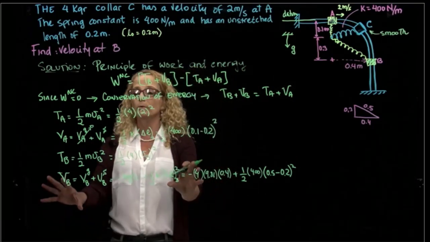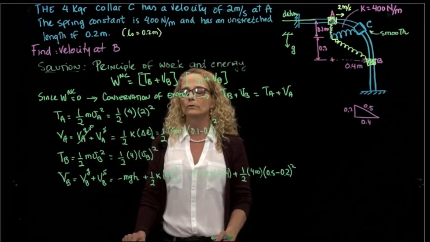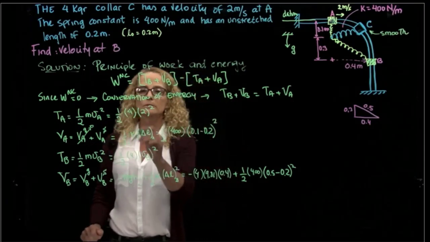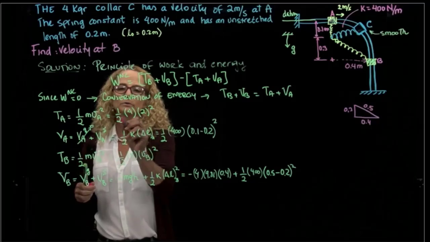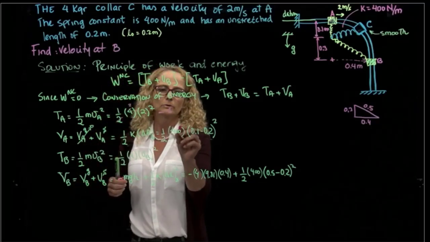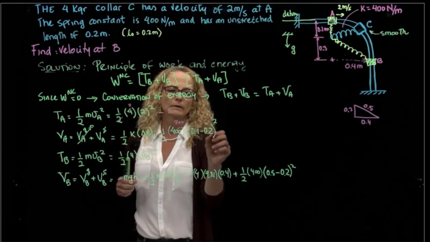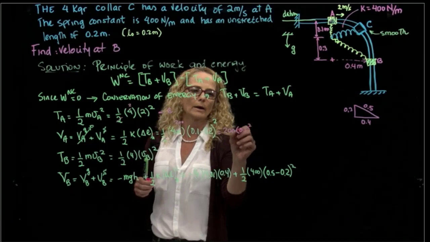So at the end, we will plug all these numbers in. We can simplify those values. Here I have 8, and here this is 200, so there will be 200 times 0.1 squared.